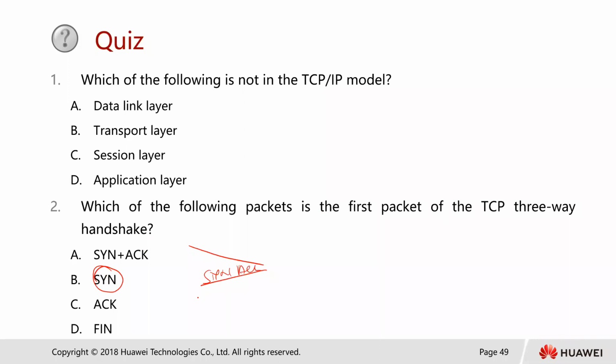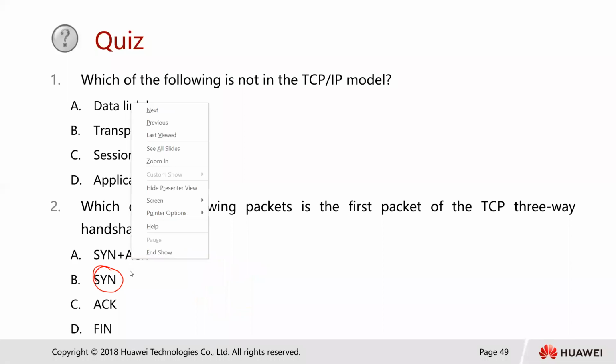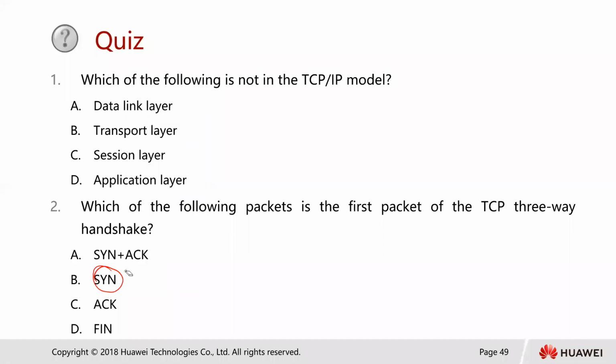Then finally, he sends the ACK. I've seen some people selected other things, but the first packet is the SYN. What is the second packet? SYN plus ACK. First packet is SYN, the second packet is SYN plus ACK. All right. Okay.